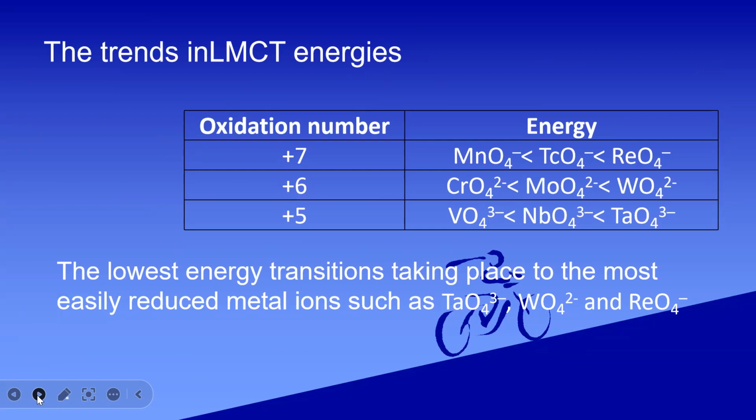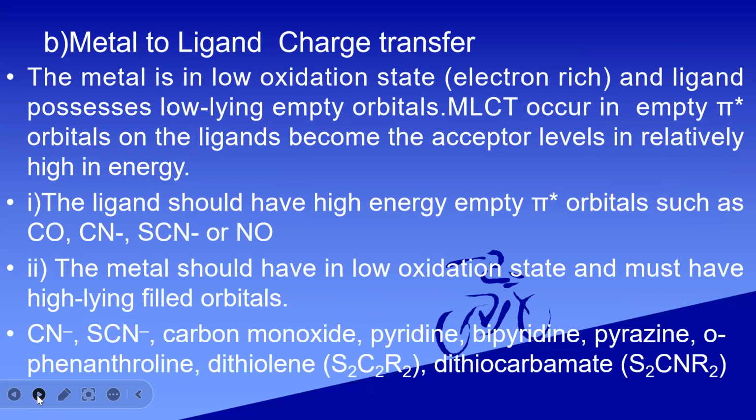In the case of oxidation number 5, VO4 3- is less than NbO4 3- is less than TaO4 3-. The lowest energy transition takes place to the most easily reduced metal ions.